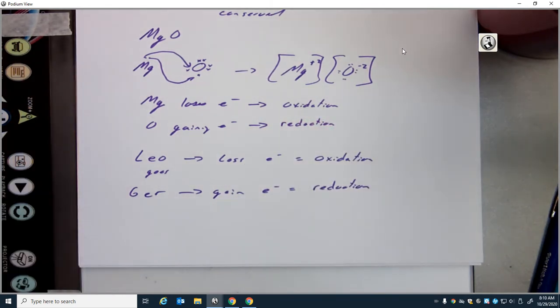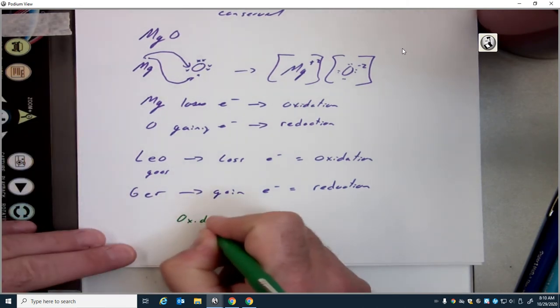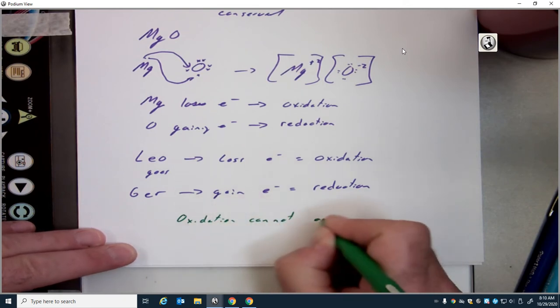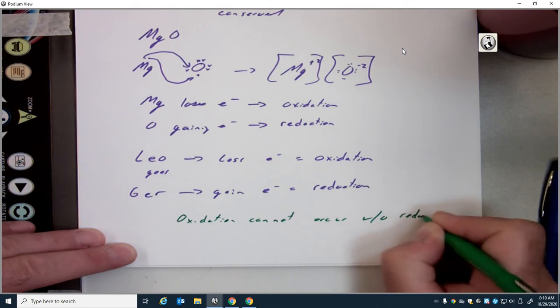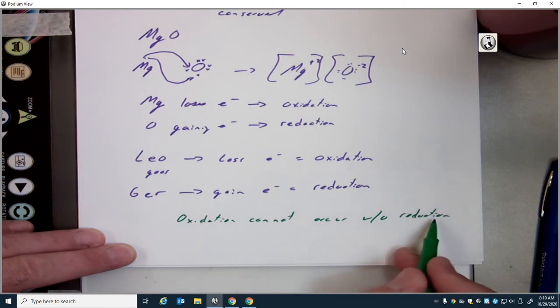Now there's one other thing that goes with this, and it's kind of funky. So you need to remember that oxidation cannot occur without reduction. You must have both. Okay, if something's going to lose electrons, that means something else has to gain them.